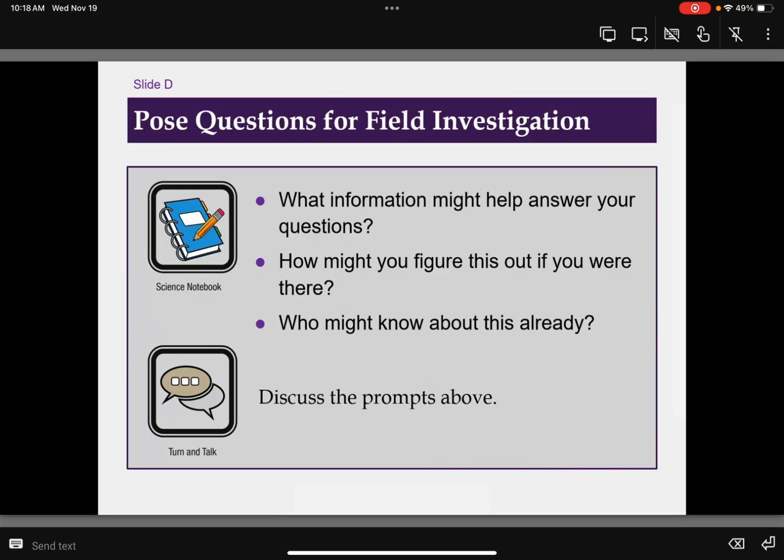What information might help us answer the questions? Well, like the particle movement, the particles are probably moving faster in that one spot. Who might know?